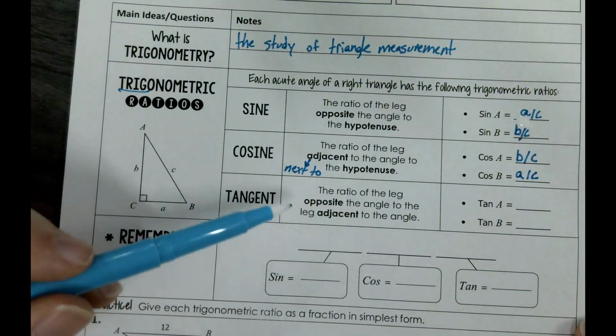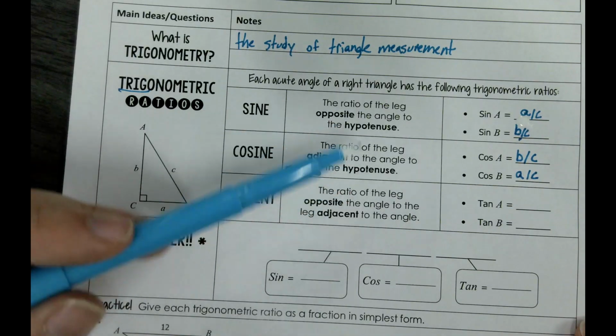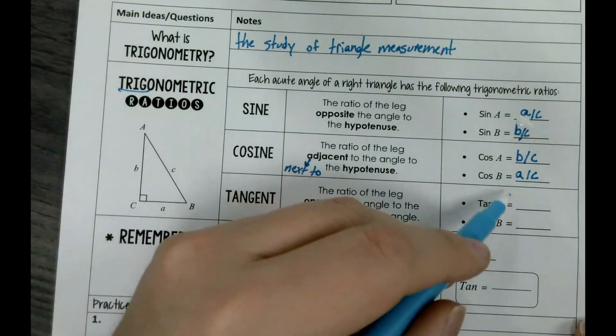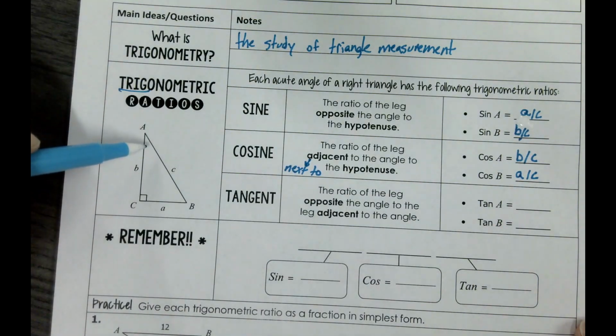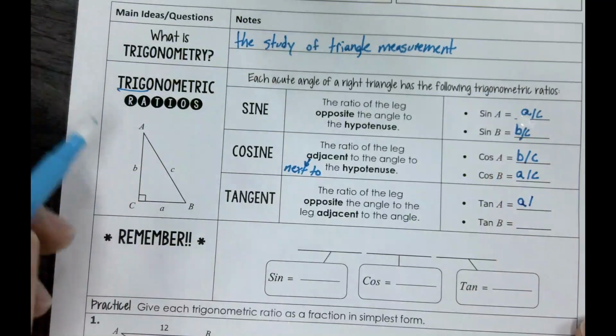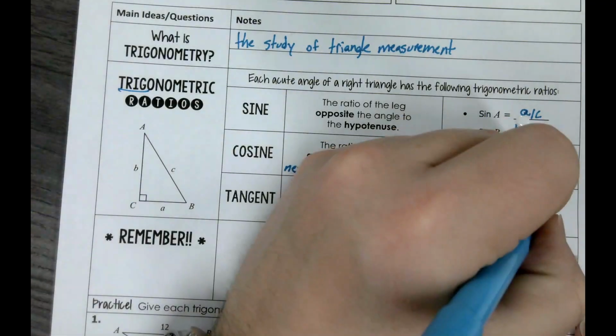And finally, we have tangent, which is opposite over adjacent. This one no longer deals with the hypotenuse like these two. Opposite of A is side little a, and adjacent to angle A is side b. So a over b.